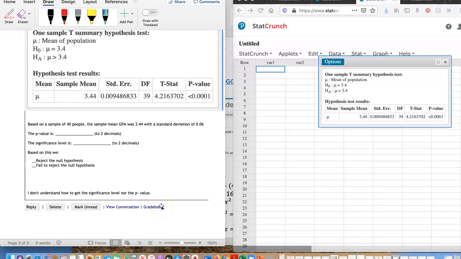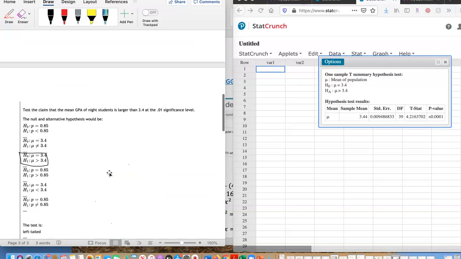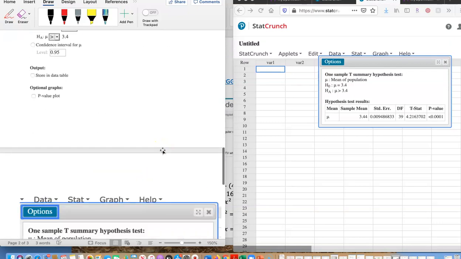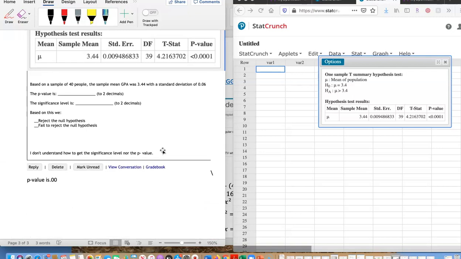So, what do we know? P-value is 0.00 to 2 decimal places, and your significance level was 0.01, which is also known as alpha.